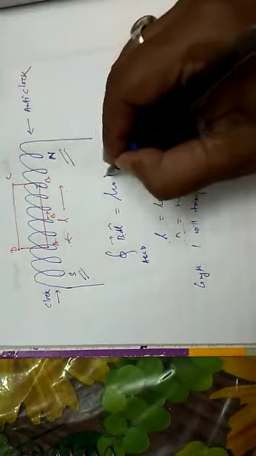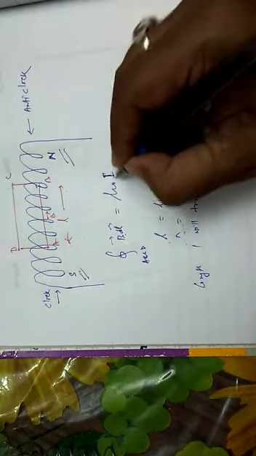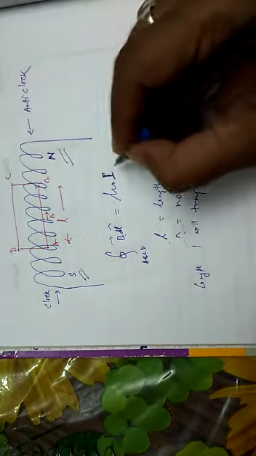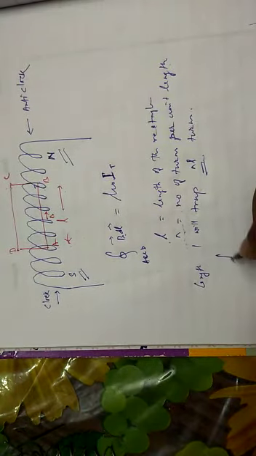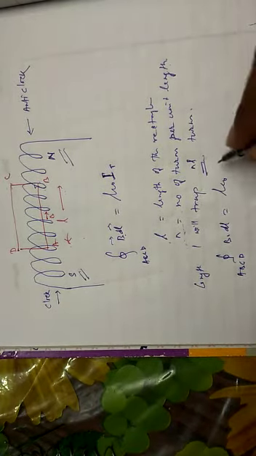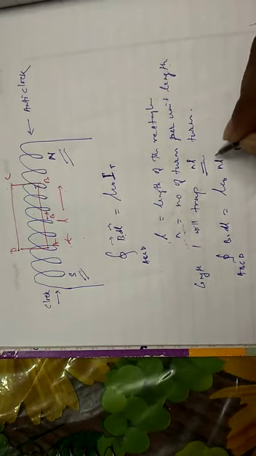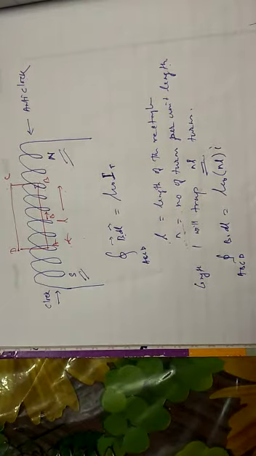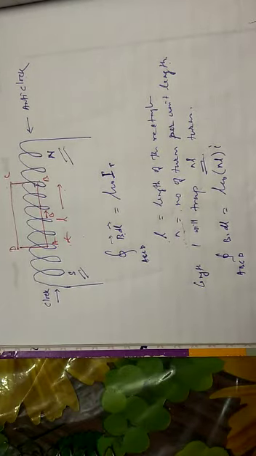I am using a capital I here for the total current. So from Ampere's circuital law, the loop integral of B dot dL must be equal to mu naught times the total current, which is total number of turns nL, each carrying current I, so mu naught nLI.